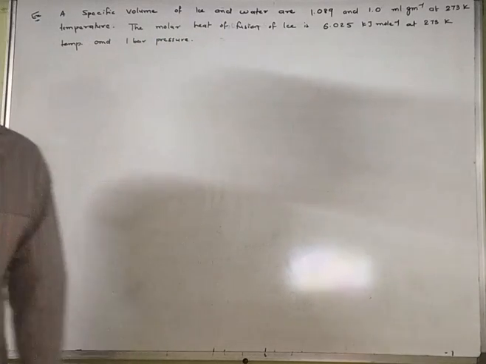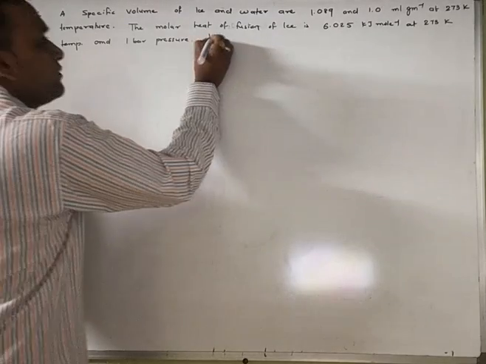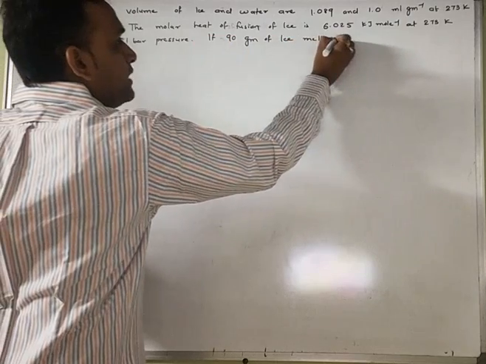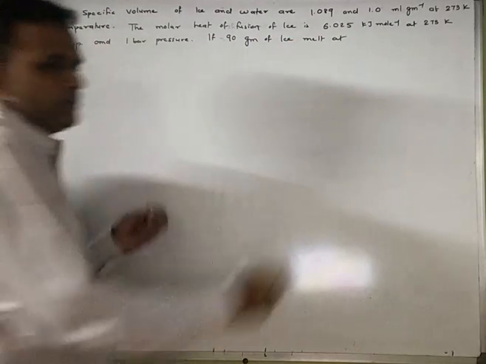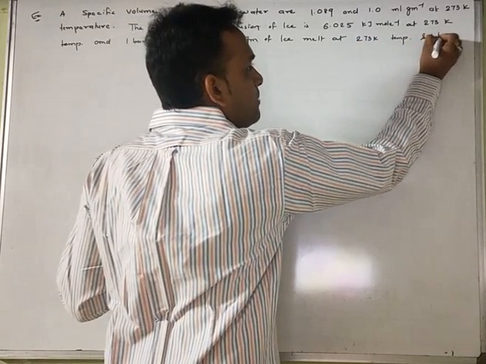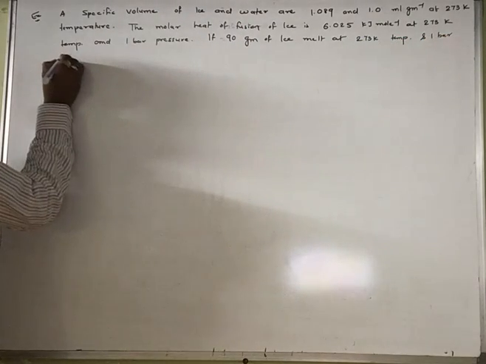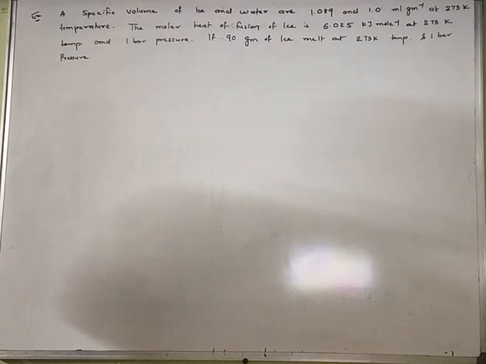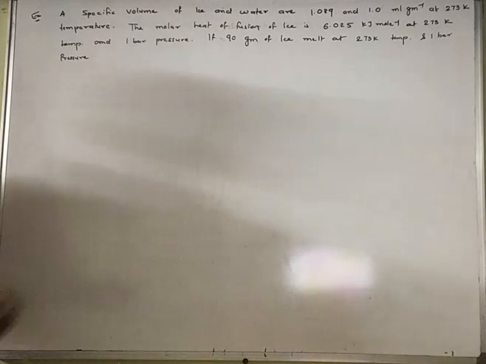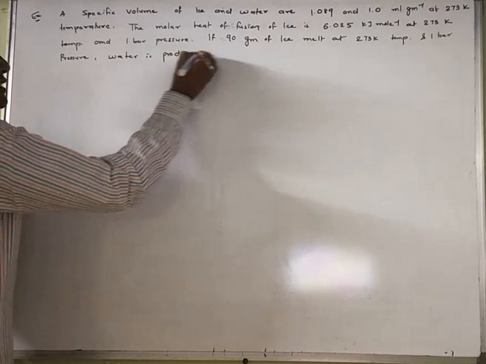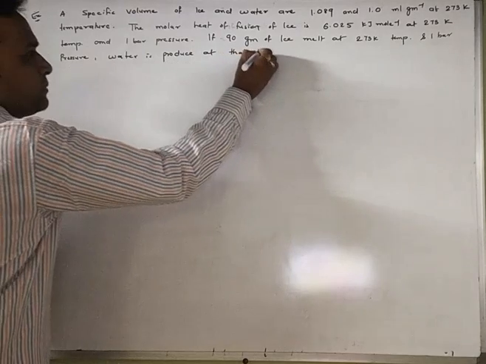Now if 90 gram of ice melts at 273 Kelvin temperature and 1 bar pressure, water is produced at that temperature.